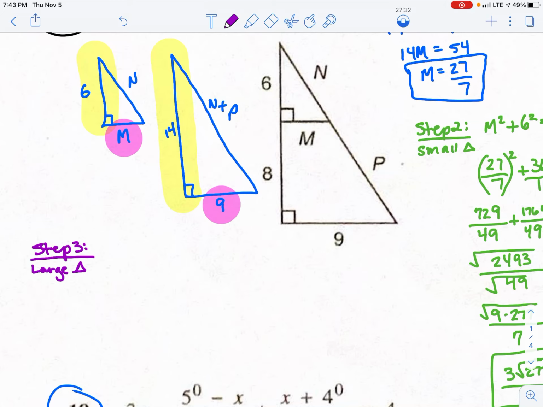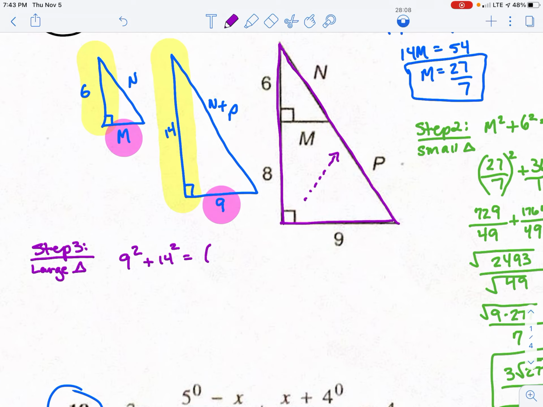We're going to use the Pythagorean theorem, and we're going to take our 9 squared plus 14 squared equals, right, because here's 9 squared plus 14 squared. There's the other leg. And this is the hypotenuse right here. It's always across from the right angle.